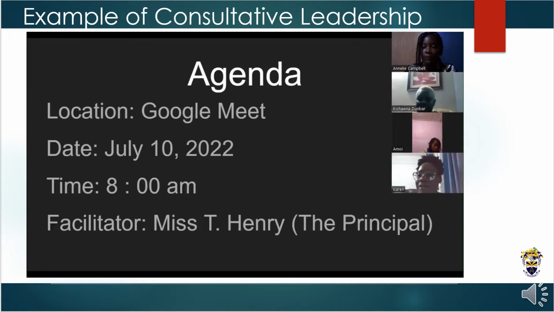Okay, guys. The participative approach has three different approaches. The participative approach is that the leader would come to the table wanting to get ideas from the group.